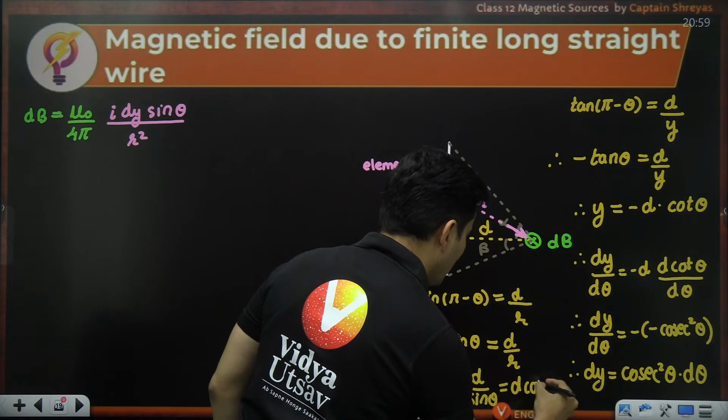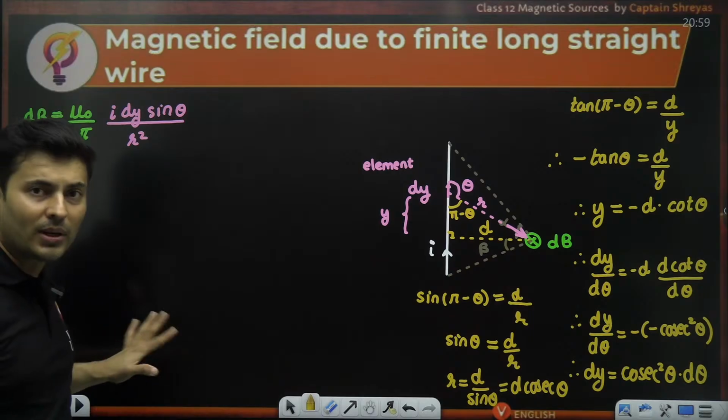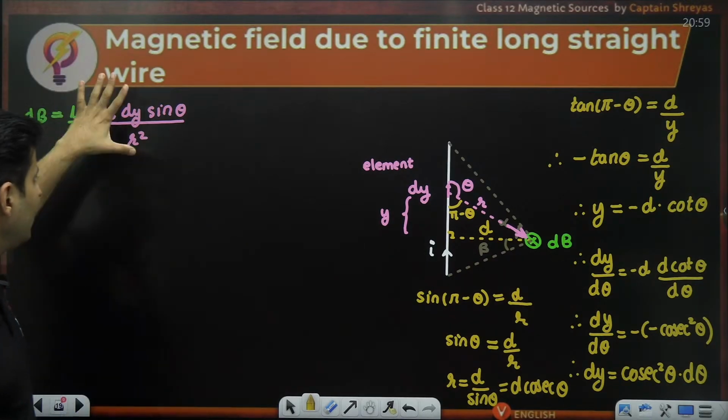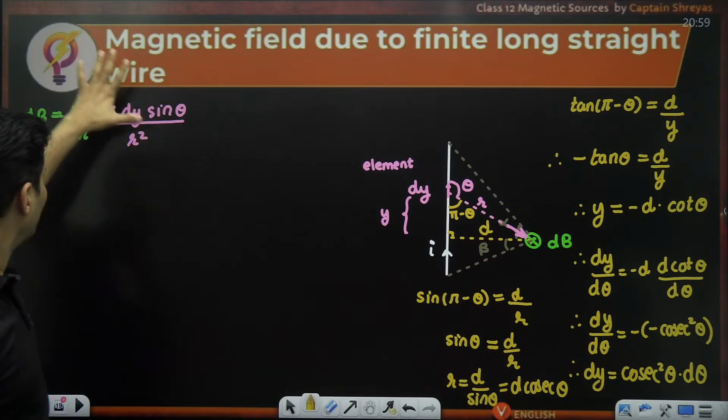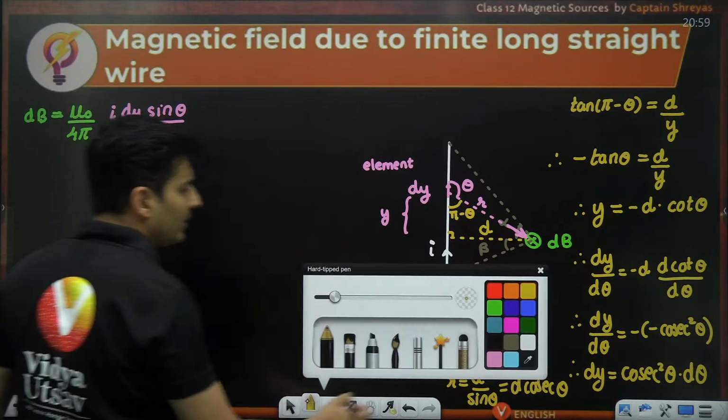So if you substitute everything over here, it's a pure trigonometric function. So you can just solve it using trigonometric integration with proper limits.